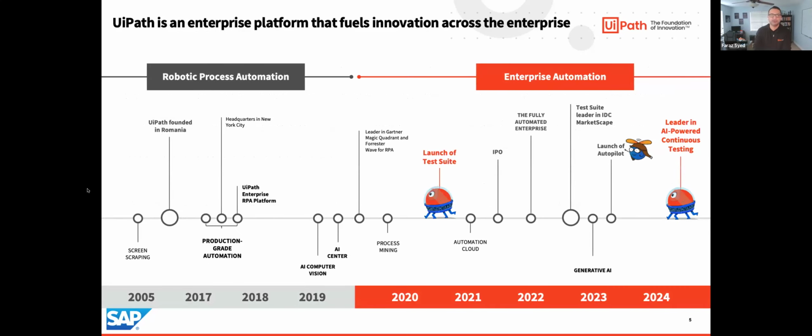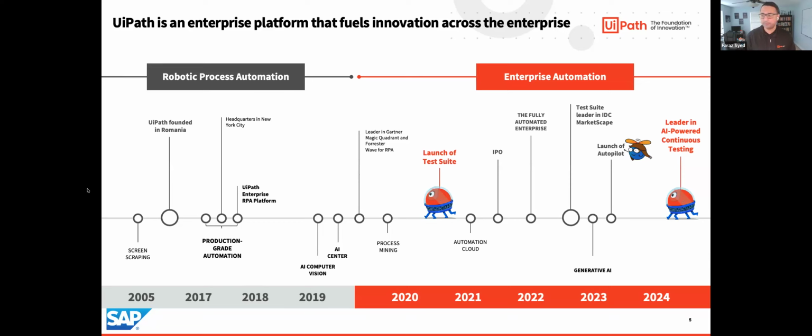All right, let's talk a little bit about UiPath to set the stage, and then we can go from there, right? So we had very humble beginnings in 2005 when we started with screen scraping. Over the years, we have quite a bit of journey. Started off with screen scraping, then went into RPA. We really mastered the RPA space, and since then, we've invented a number of things.